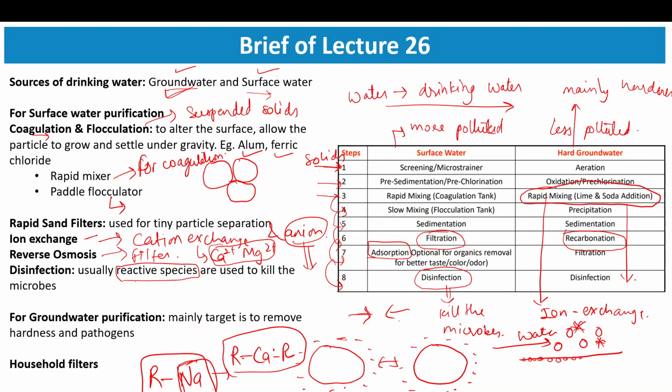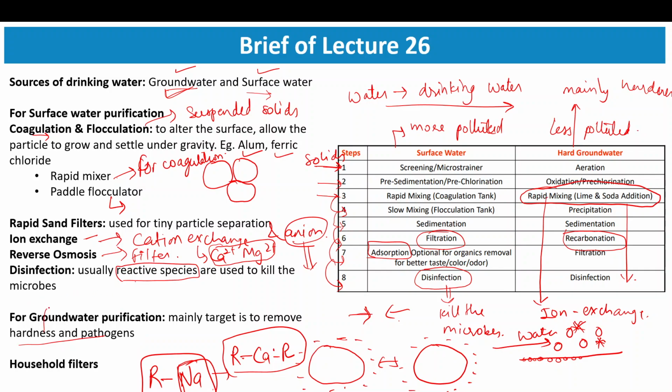Okay. So, as I said, for surface water, more types of treatments will be required, whereas for groundwater comparatively fewer will be required, because mainly it will have some hardness in the form of calcium and magnesium salts, and obviously bacteria will be there.